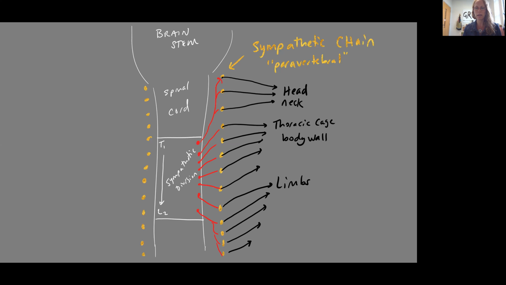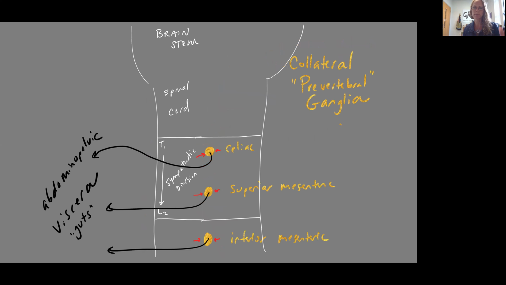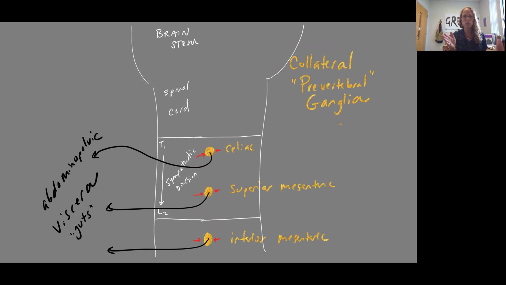All right, let's look at our next beautiful picture. All right, this one is collateral. Collateral means to the side. Now, this one is a little bit harder to illustrate. In the textbook, they take the image and they flop it to the side because realistically, our collateral prevertebral ganglia are located in front of the spinal cord.